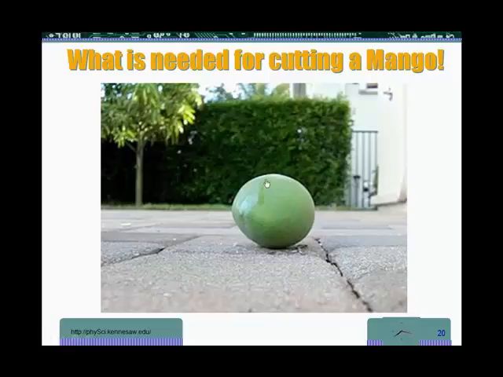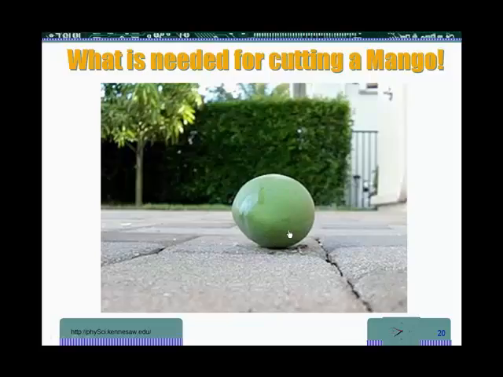Now, my mango is going to stop my cutting device. It's going to change the momentum of my cutting device, so by exerting a force on it, the reaction to that would be the force that the cutting device is going to exert on the mango. So the larger the momentum of the cutting device, the easier it's going to be to cut the mango.